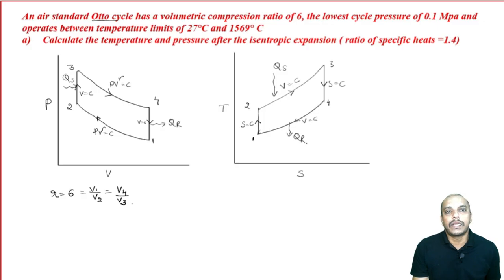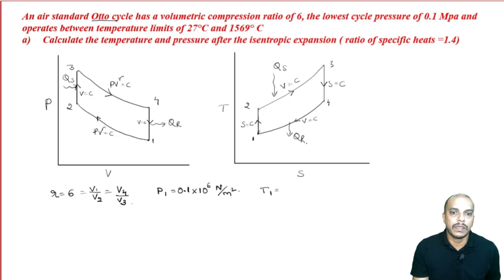The lowest cycle pressure, where do we get the lowest cycle pressure? That is at point 1. So, the lowest cycle pressure is 0.1 megapascal, which is given. Megapascal means 10 power 6 Newton per meter square. It operates between temperature limits of 27 degrees Celsius and 1569 degrees Celsius. Temperature limits means minimum and maximum temperature.